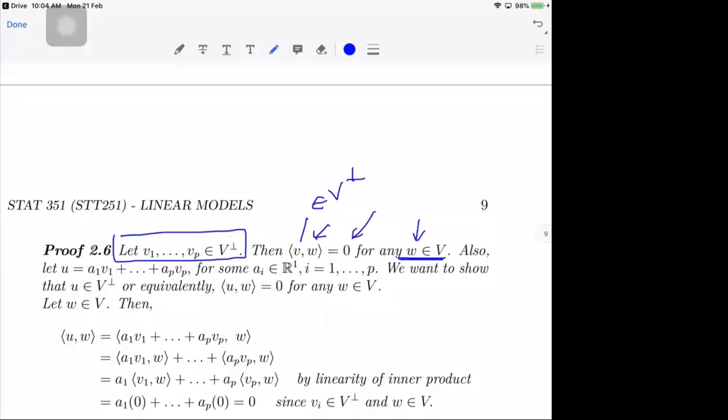That is by definition of B perp. Correct? V, W. Okay? Now, sa itong para mapakita na to subspace, maghimo mo og linear combination aning mga vectors sa B perp for some constant A. Tawagon na nako og U.